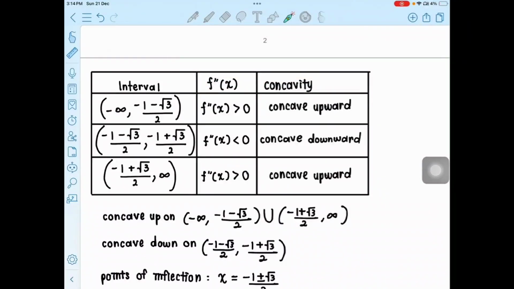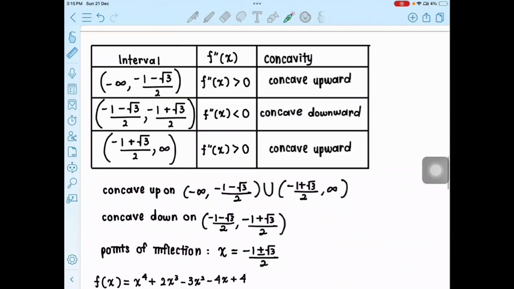We can look at the first row. We get the second derivative positive, so it is concave upward. When the value of the second derivative is less than 0, we get it concave downward. And lastly, the second derivative is positive, so it is concave upward.